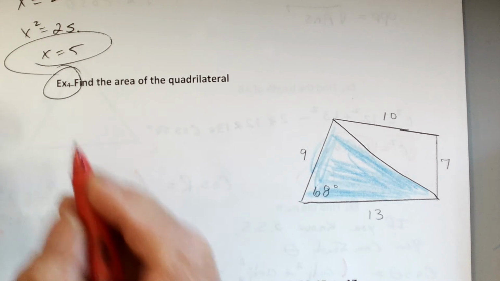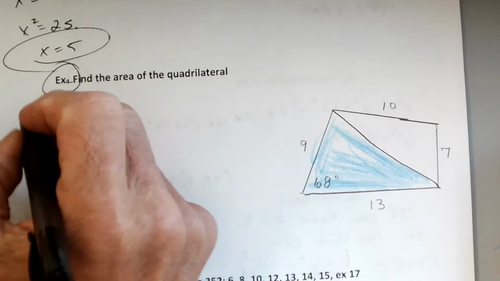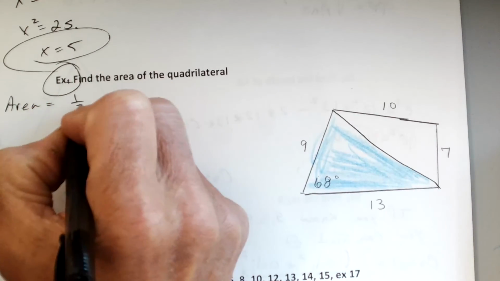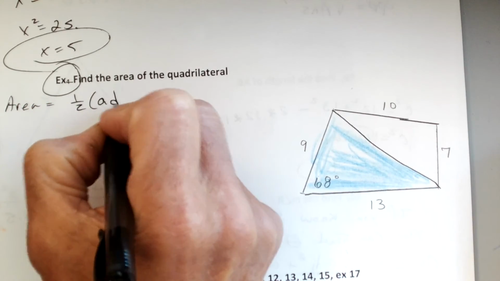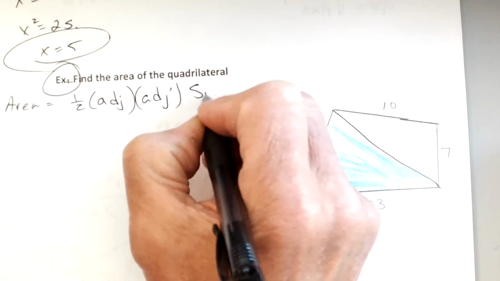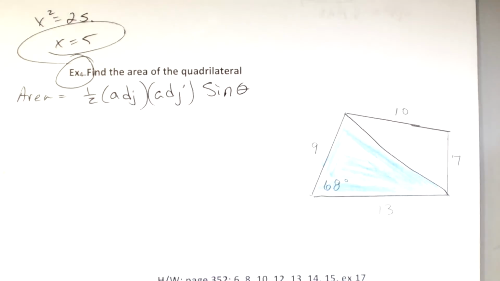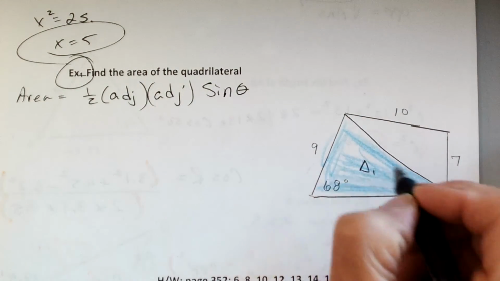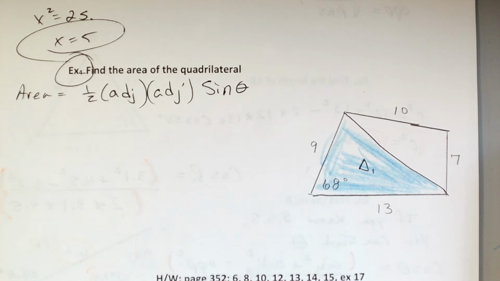I know the area of a triangle, we learned last week, was 1/2 adjacent times adjacent times the sine of the angle. That's our area formula. Well, triangle 1, the blue triangle, is easy. Everything's there: 9, 13, 68. We can get that pretty easily.